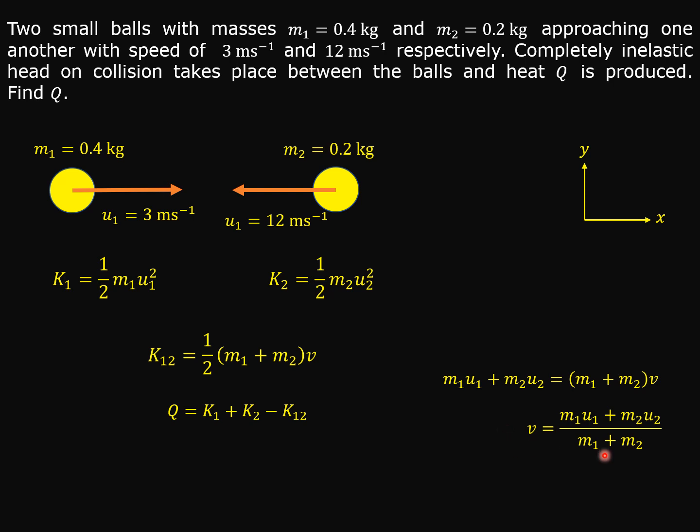If we make V the subject, we have this expression on the right-hand side, and all the symbols have known values. So we can find the velocity of the two balls after the collision by applying conservation of momentum. Then we substitute V into the kinetic energy formula, and we can find the change of the kinetic energy of the system, which gives the heat that we want to find.